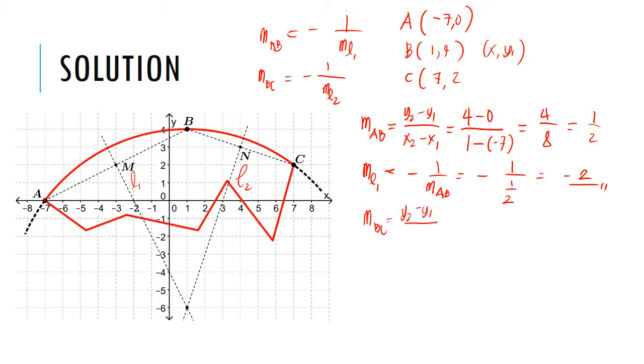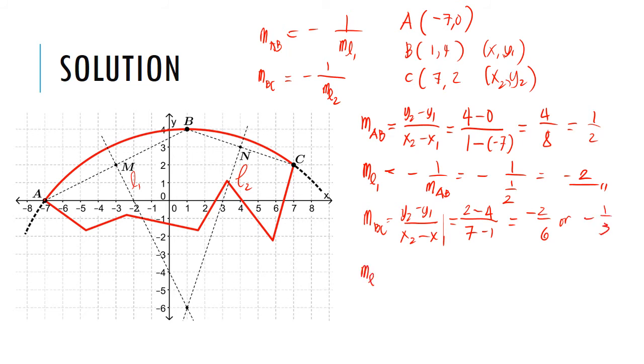But this time, our x1, y1 would be point B and our x2, y2 would be point C. Therefore, we have y2 is 2, y1 is 4, x2 is 7 and x1 is 1. So this will give us 2 minus 4, which is negative 2, all over 6, or negative 1/3.